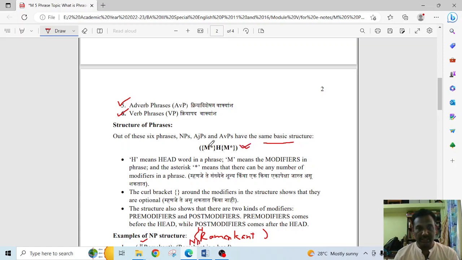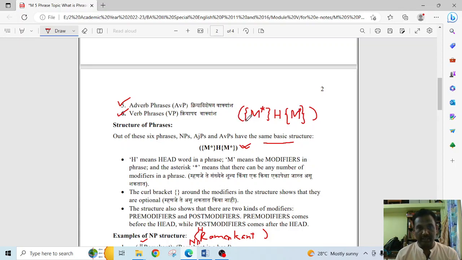So this is what makes this structure simple. See, in this structure, at the outermost part there is a curly bracket, and then you have M. Here it means modifier, there is an asterisk mark, and the curly bracket is closed. Then you have head, then you have modifier, and then the asterisk mark.